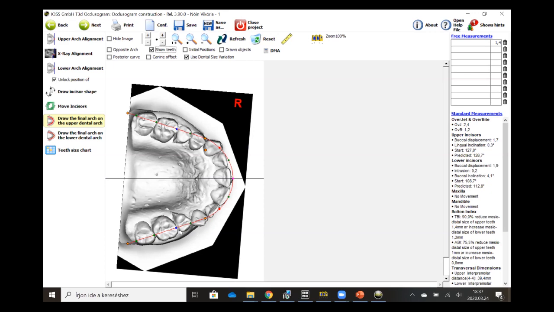What you have is a mesial movement of this area, the rotation of this group, and an expansion of this area. So the premolars have to be expanded, unless you want to contract this area here.